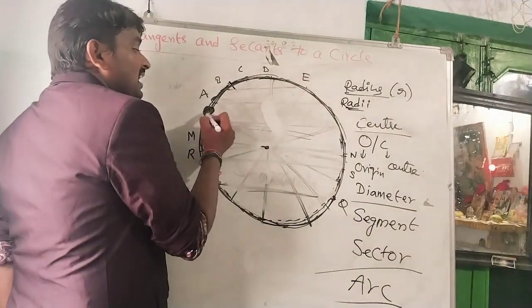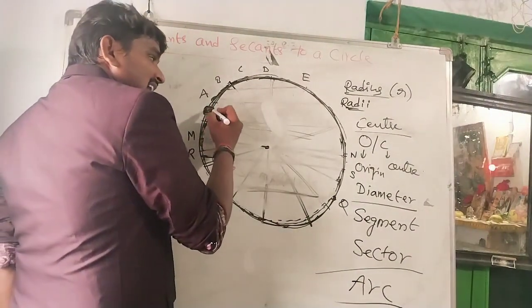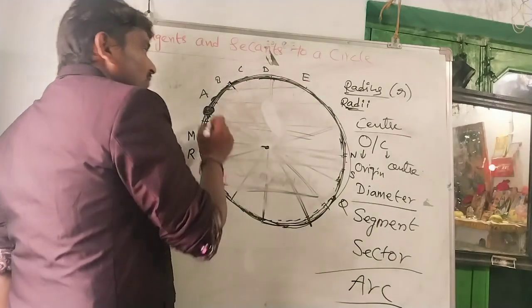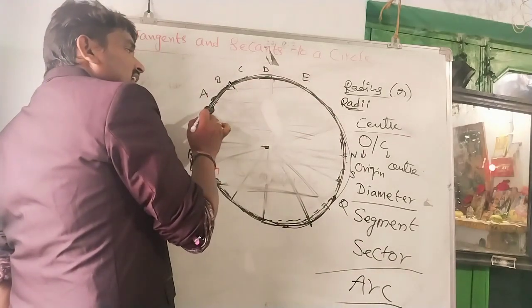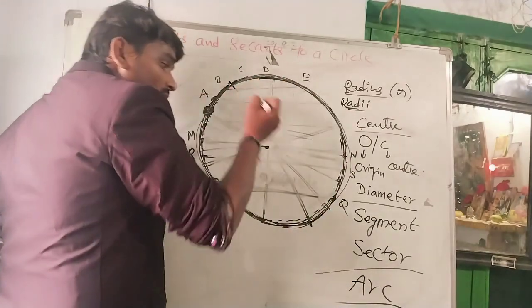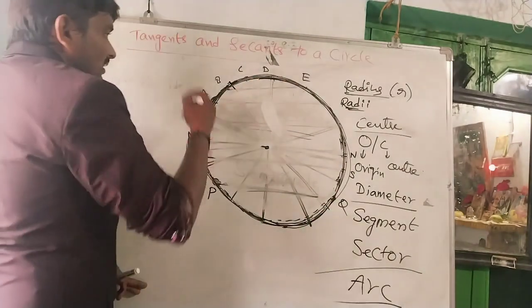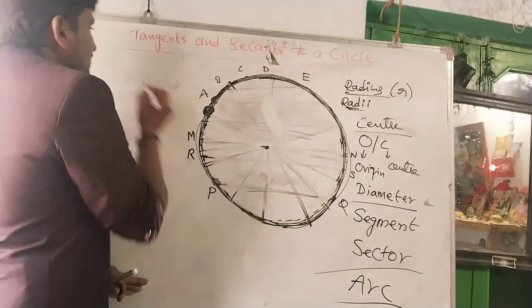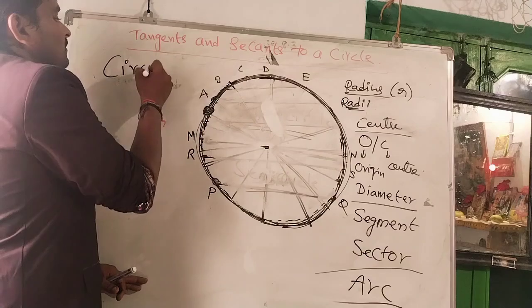If you find the length of the circle from here to here, the total length of the circle is called the circumference.